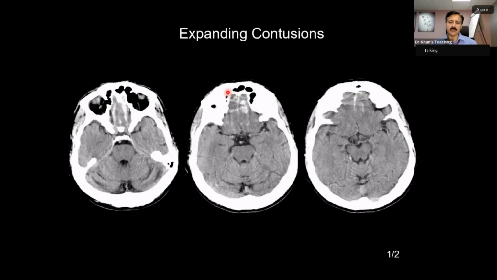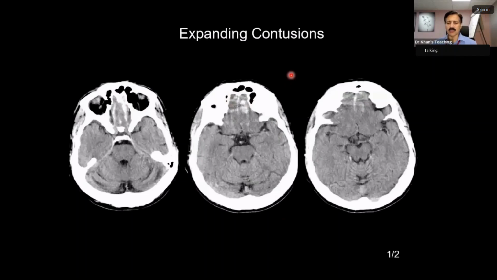Now, please remember the concept in trauma world. All of the lesions, may it be contusion, diffuse axonal injury, extradural, subdural, can enlarge. It can become bigger. As a radiologist, the key thing to remember is that if you are on call and somebody has asked for a scan at 2 o'clock and you report this scan, you say that there is contusion.